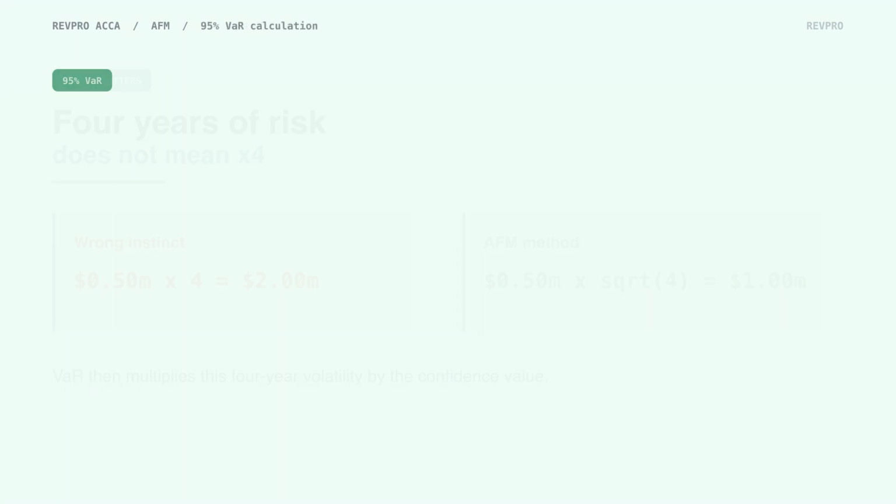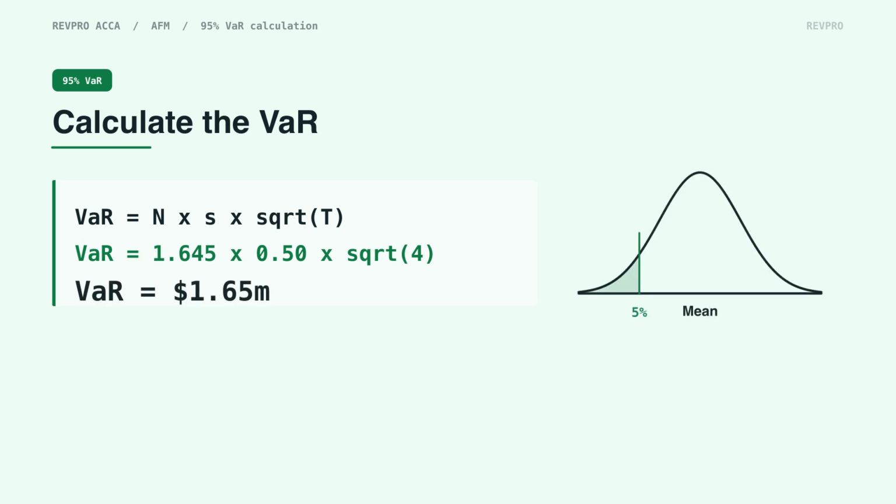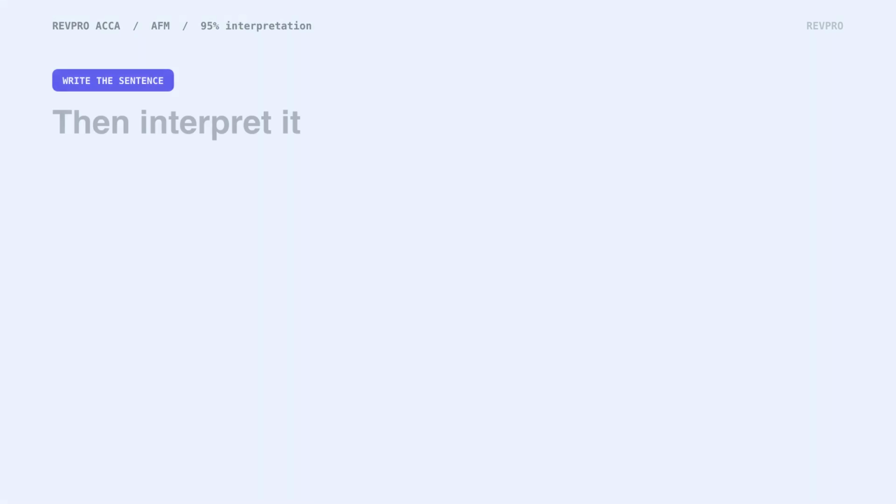For 95% confidence, N is 1.645. So VAR equals 1.645 multiplied by 0.5 multiplied by the square root of 4. That gives $1.645 million, which we can round to $1.65 million. Now say it in simple words.